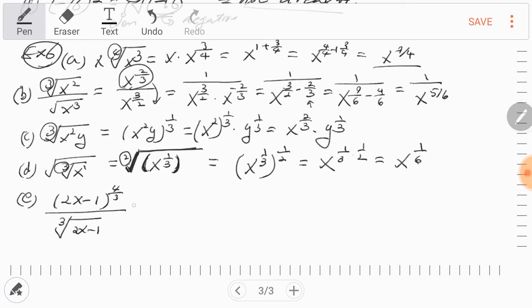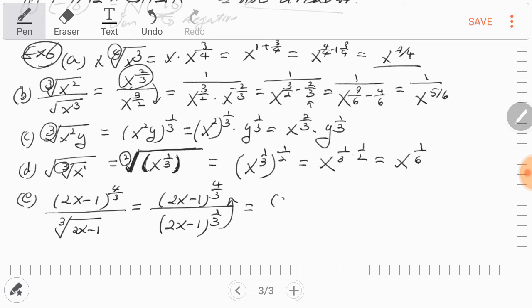Okay, this one. The base is 2x minus 1. The radicand is 2x minus 1. So why don't we change the radical, the cube root. So the cube root becomes what? The radicand is 2x minus 1, and then raise it to the what? 1/3 power. And both top and bottom have the same base, so we can move this one to the numerator.